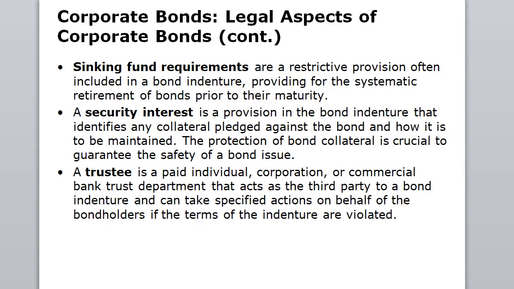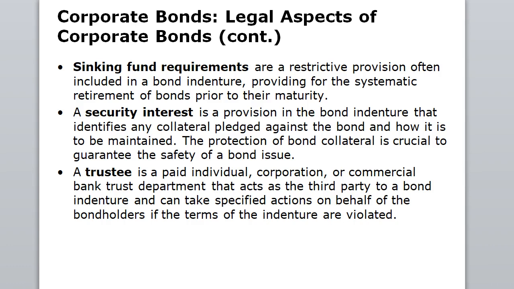Now, the other aspects of corporate bonds: it can have a sinking fund requirement. These are restrictive provisions often included in the bond indenture, providing for systematic retirement of a bond prior to its maturity. This just means that they're going to be paying principal along with interest like a mortgage bond, which makes the bond less risky because you're getting some of the principal back along the life of the bond, not all at once at the end of the bond.